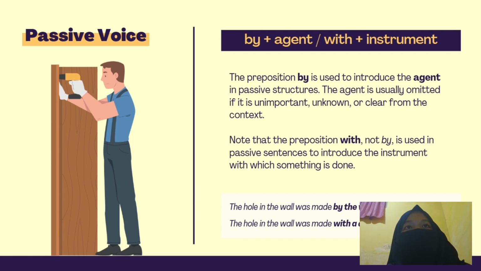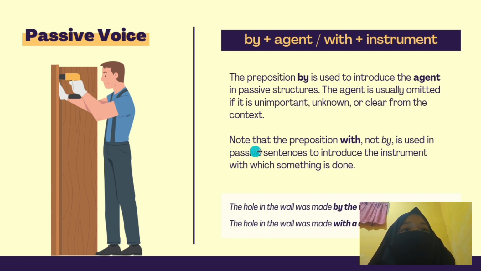Okay, next. By plus agent, or with plus instrument. The preposition by is used to introduce the agent in passive structures. The agent is usually omitted if it is unimportant, unknown, or clear from the context.